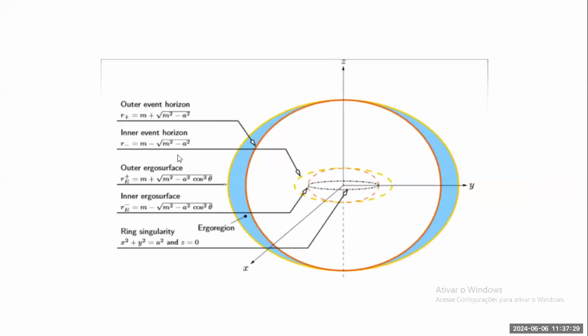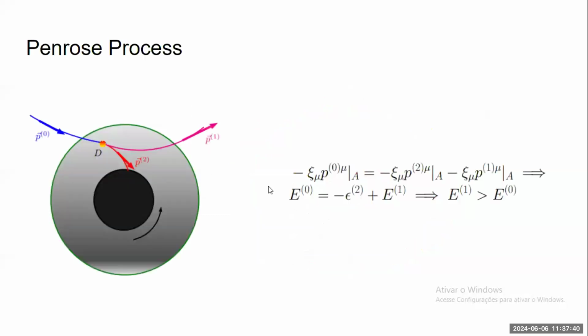Another picture here shows, more technically, how to define these surfaces mathematically. A very important feature of Kerr black holes, which is associated with what I am going to talk about now, is the possibility of extracting energy due to rotation, right? The first person who studied this was Penrose.